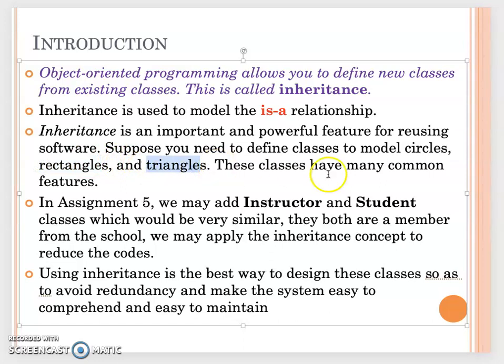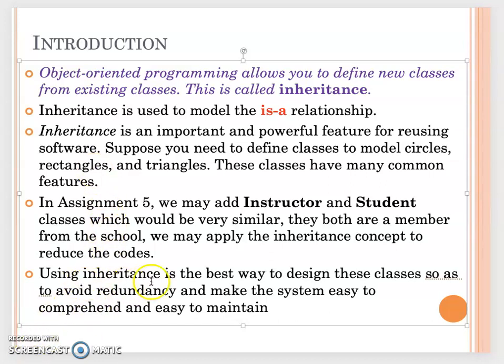And don't you feel the circle, triangle, and rectangle are all shapes? So they have some very common features. Like the circle, I can get the area. Triangle, I can get the area. Rectangle, I can get the area. So that getArea can be defined in the geometric shape class.